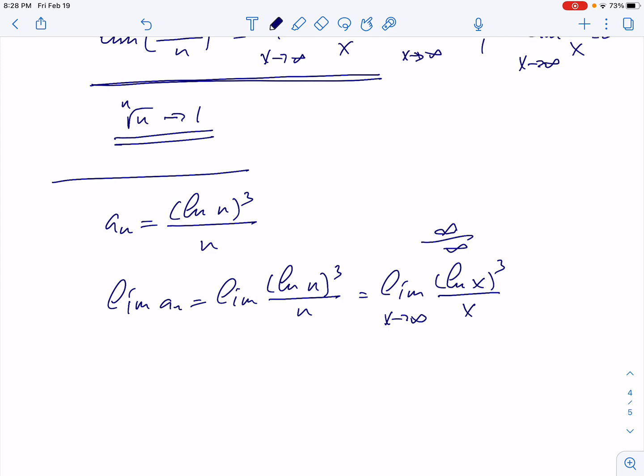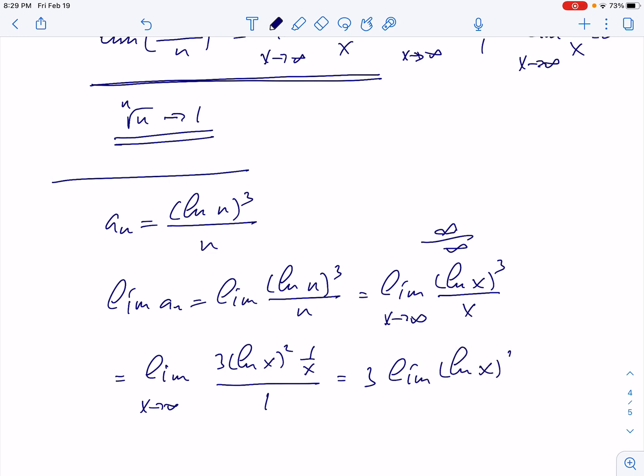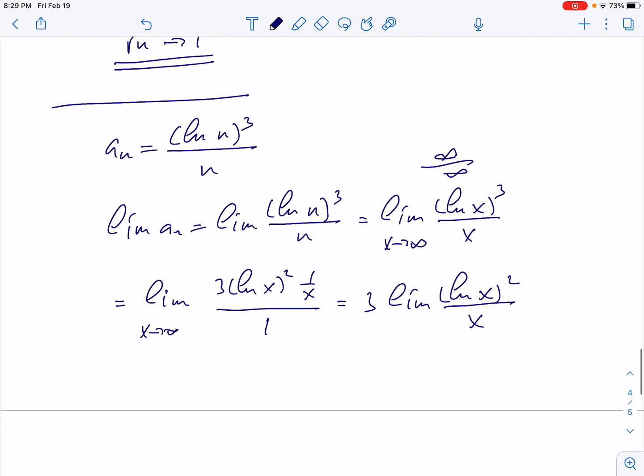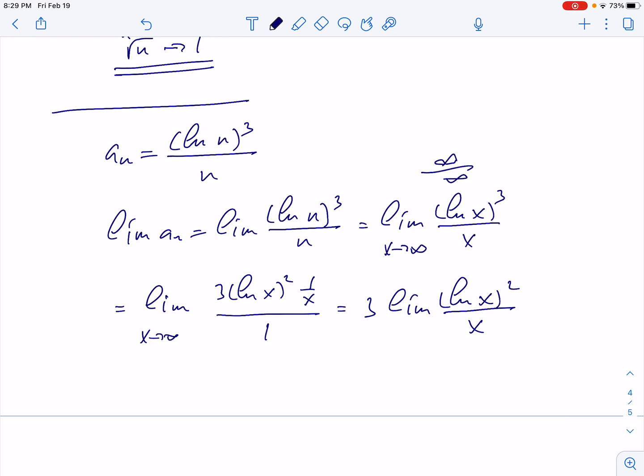I can use L'Hopital now, which equals the limit of the ratio of derivatives. The derivative on the top will be 3 times natural log of x squared times 1 over x, and the derivative below is just 1, as x grows to infinity. Let's put 3 outside. This is 3 times the limit of natural log of x squared over x. Again, infinity over infinity, but it's better because the power now is just 2.